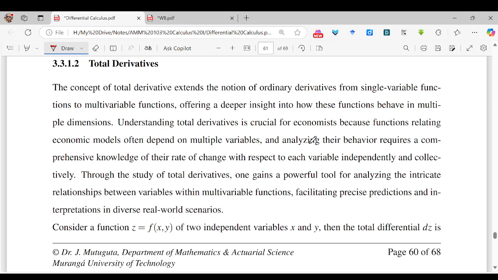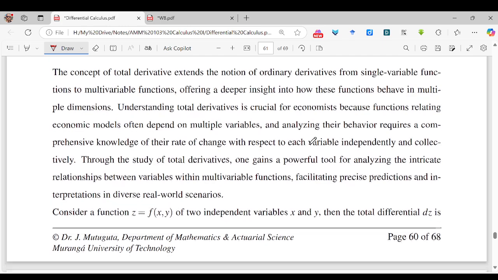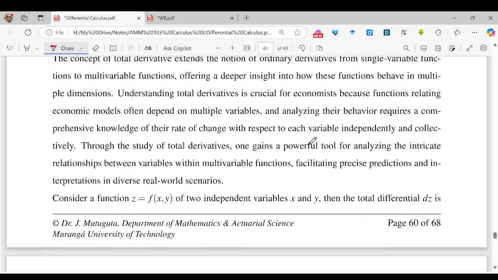Through the study of total derivatives, one gains a powerful tool for analyzing intricate relationships between variables within multivariable functions, facilitating precise predictions and interpretations in diverse real-world scenarios.